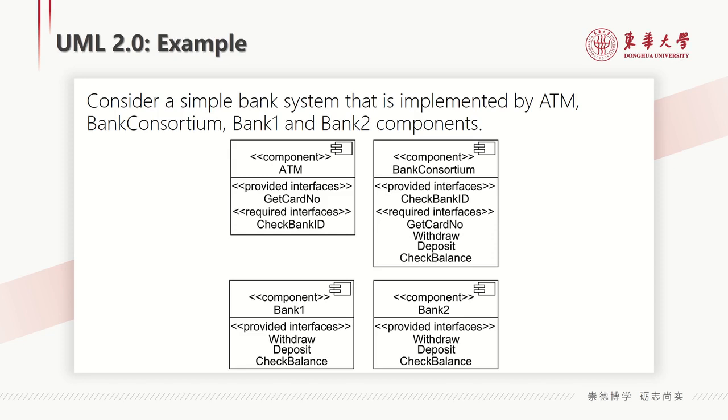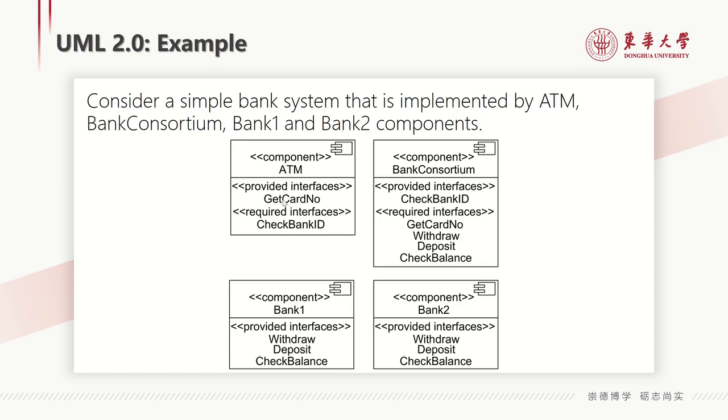So consider a simple bank system that is implemented by ATM, Bank Consortium, Bank 1, and Bank 2 components. Now let's see the four components: ATM, Bank Consortium, Bank 1, and Bank 2. This is a very classic UML class. We have a class name, we have the stereotype, and we define the interfaces.